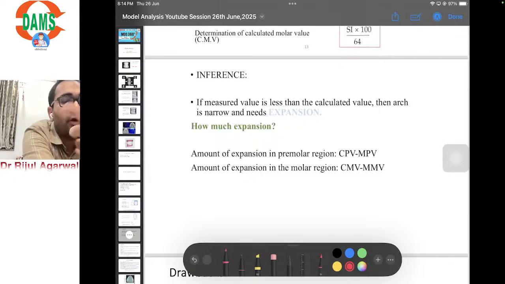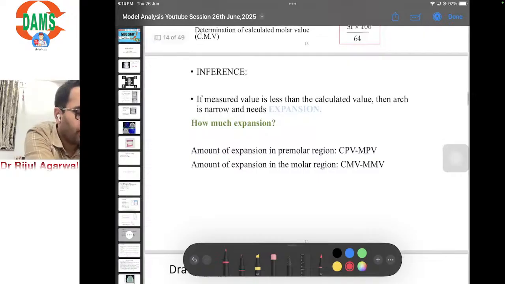You cannot contract an arch; it's already expanded, and there is no need for any kind of expansion. And how much expansion is needed in the premolar and molar region? You just need to subtract the calculated value and the measured value from each other, which will give you the amount of discrepancy in the transverse dimension using the model analysis.